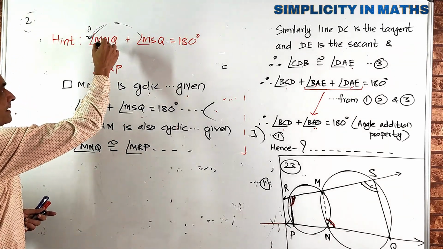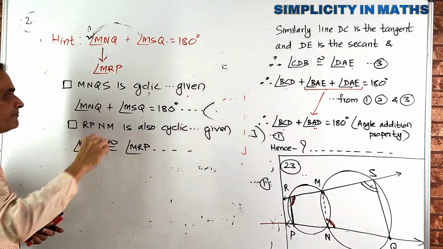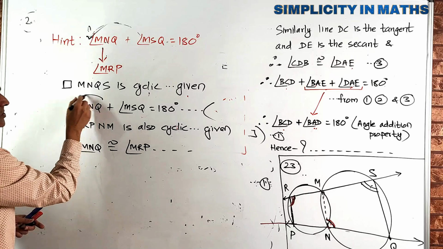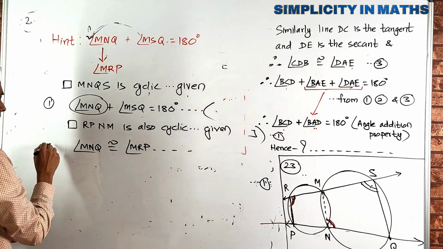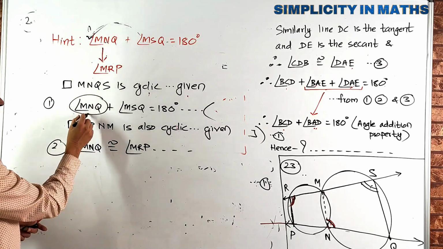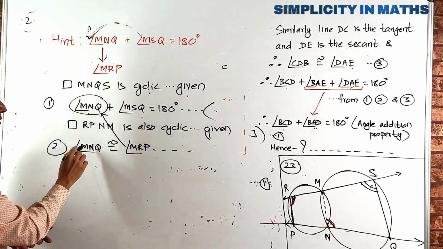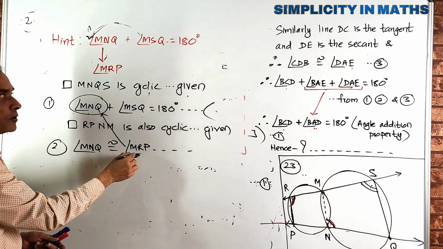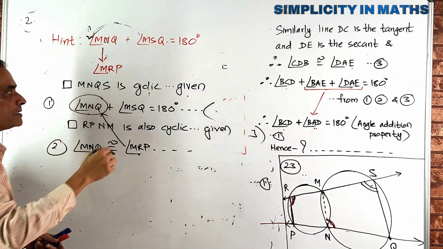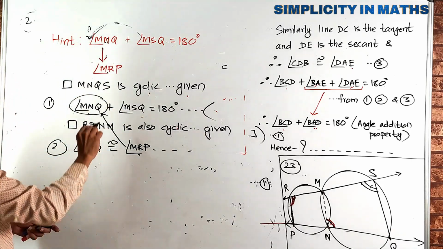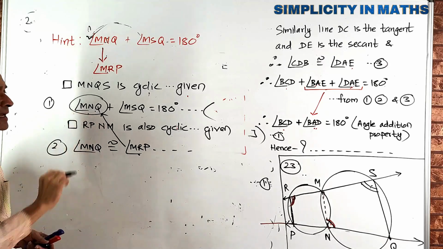I have to show this angle. I have shown this angle congruent to this angle, which means in this equation 1, I can replace MNQ by this, क्योंकि ये दोनों congruent हैं. Okay, these two are congruent. So now in equation 1, don't write MNQ.